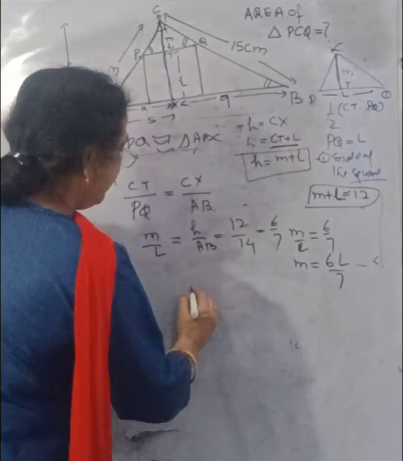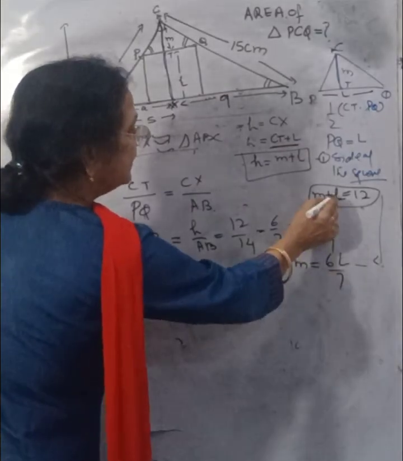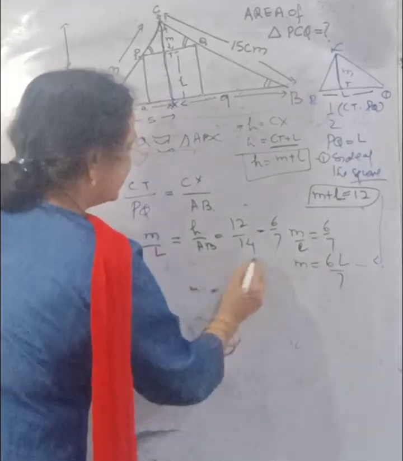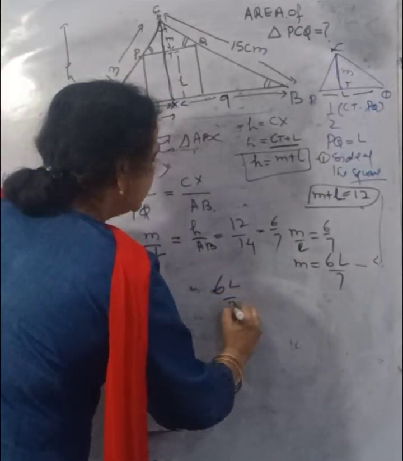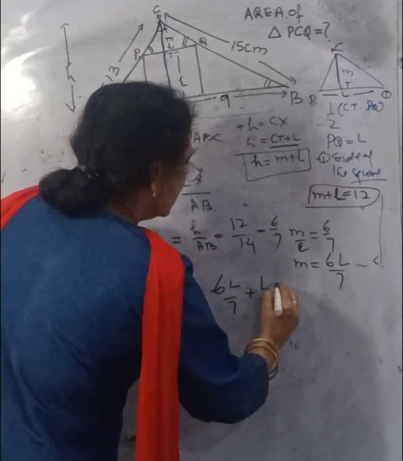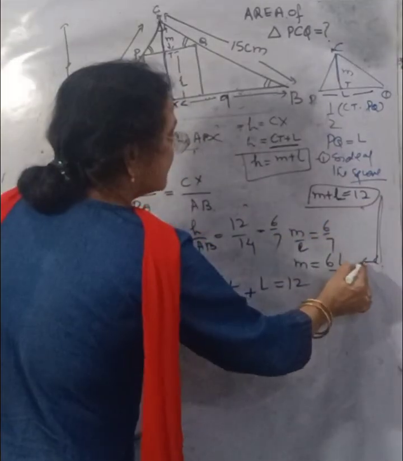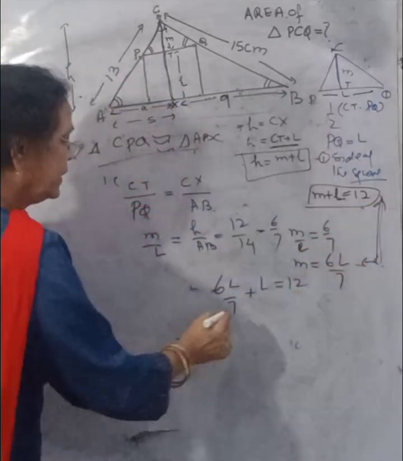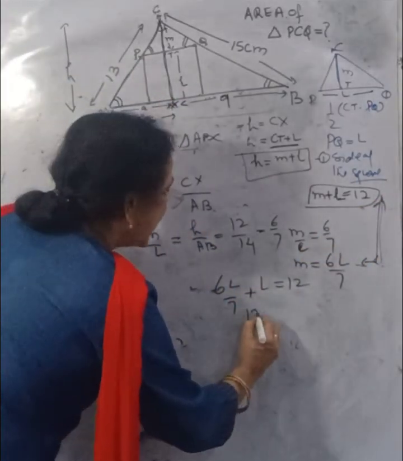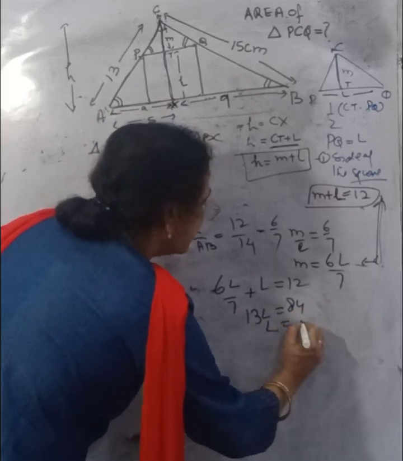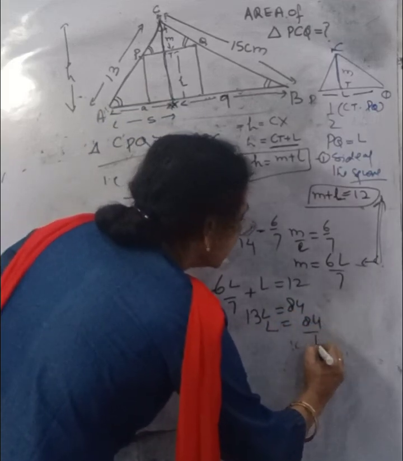Now in m plus l, in place of M, we can write 6L upon 7 plus L is equal to 12. It means that 13 times L is equal to 84. It means L is equal to 84 by 13.